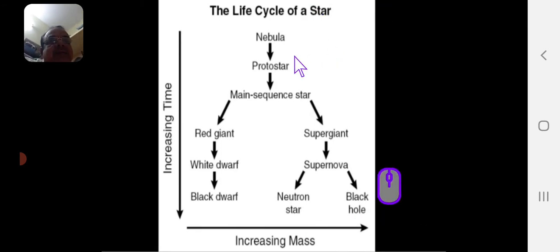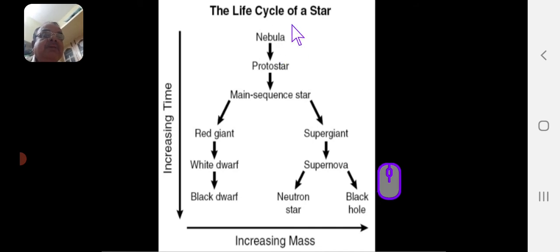So, the life cycle of a star. Initially, a nebula is hydrogen gas present in the atmosphere of the universe.